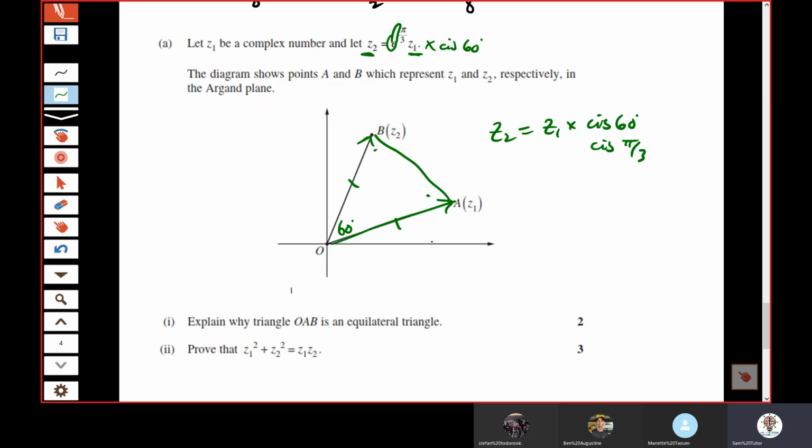Starts with I. You've got to first say it's an isosceles triangle because the sides are equal. So the base angles must be the same, and because these base angles must be the same, and there's 120 left, yeah, full marks.